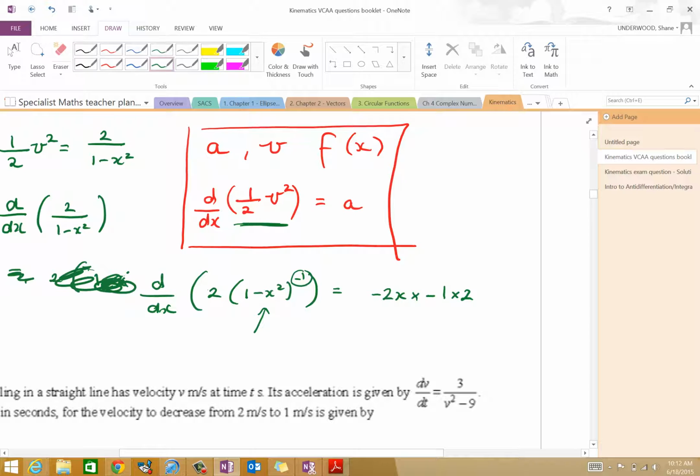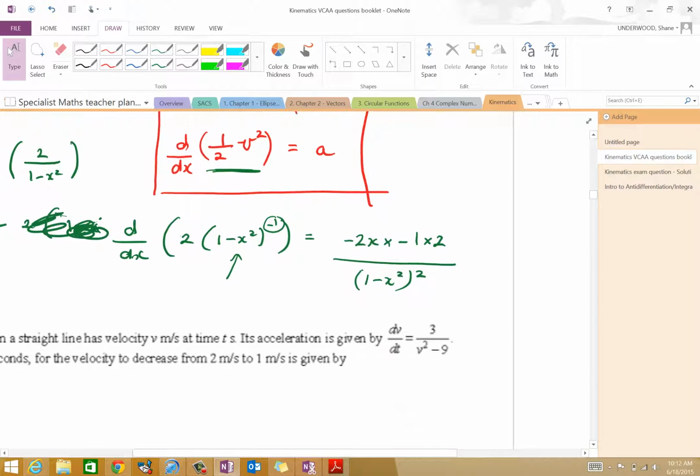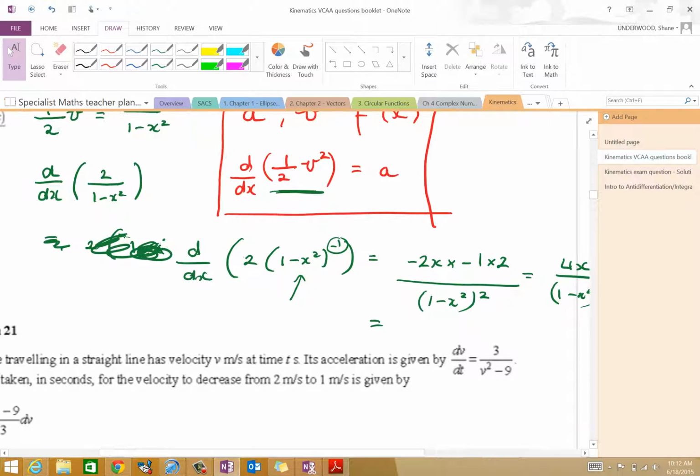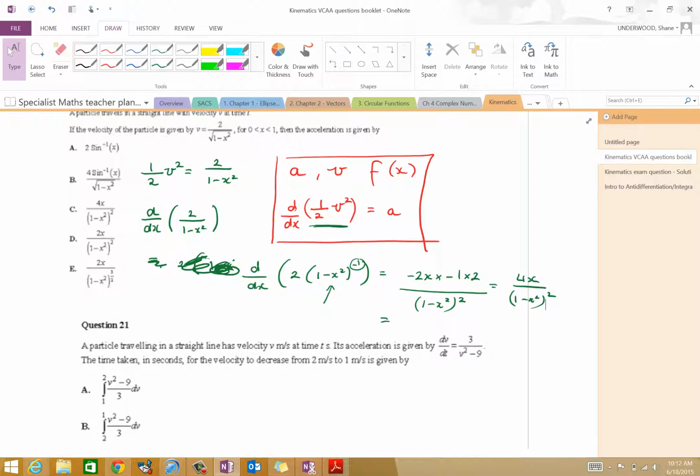And then I have to drop the power by 1. 1 minus x squared on 2, which is equal to, is that an x? Yeah, it is. 4x. Is equal to 4x on 1 minus x squared on 2. Is that what you got?